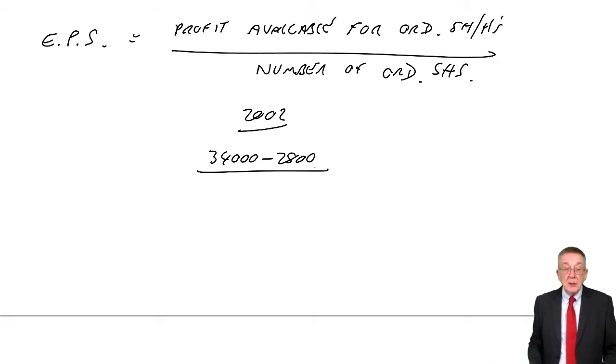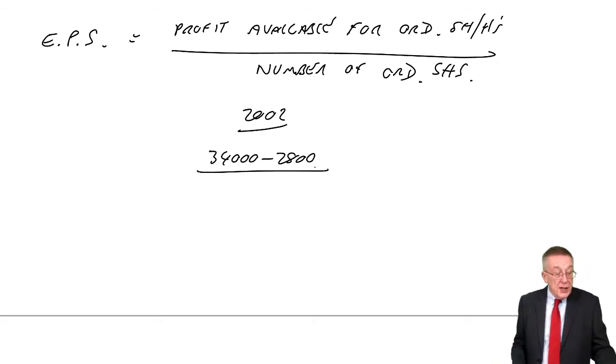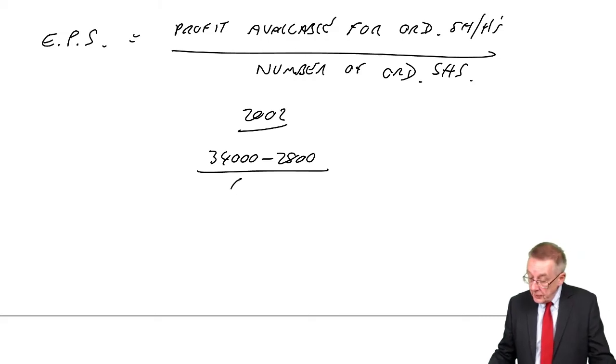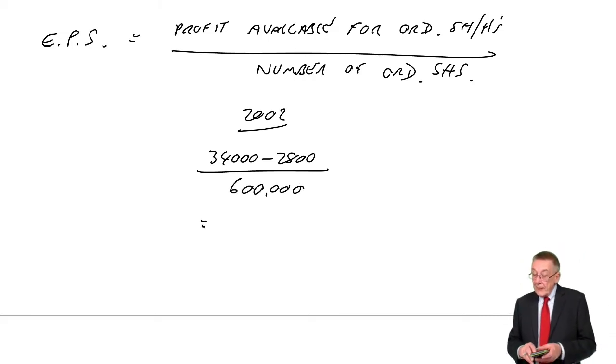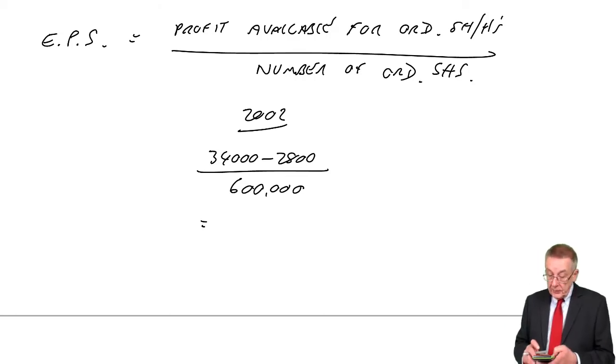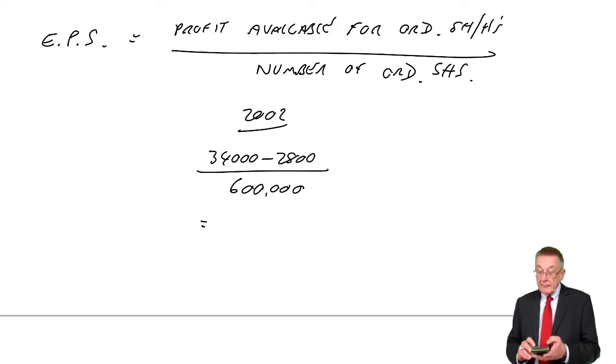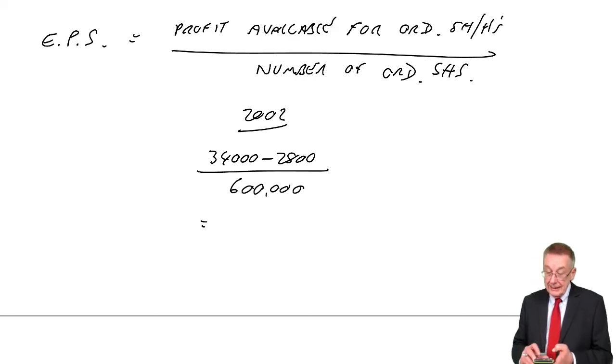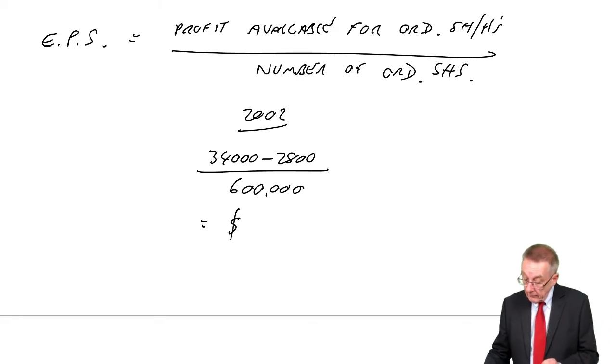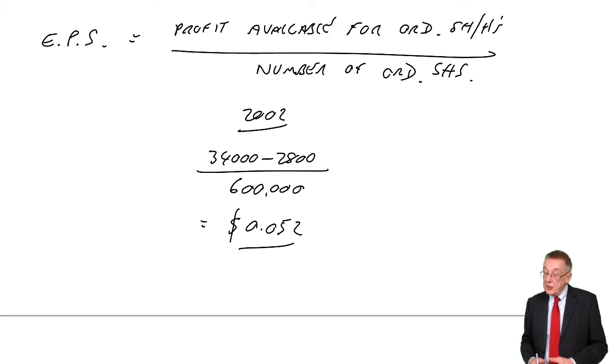So that's the profit available, divided by the number of ordinary shares. 2002, there was 600,000. And so 34,000 minus 2,800 divided by 600,000 is 0.052, so 5.2 cents per share.